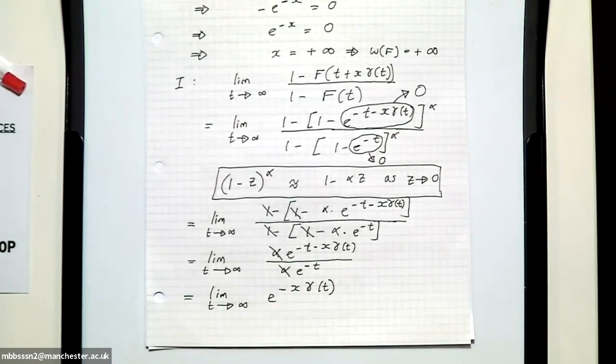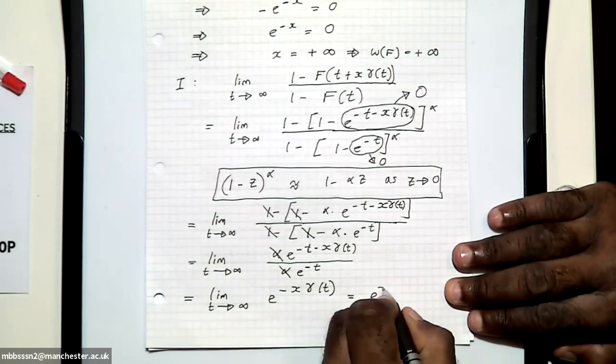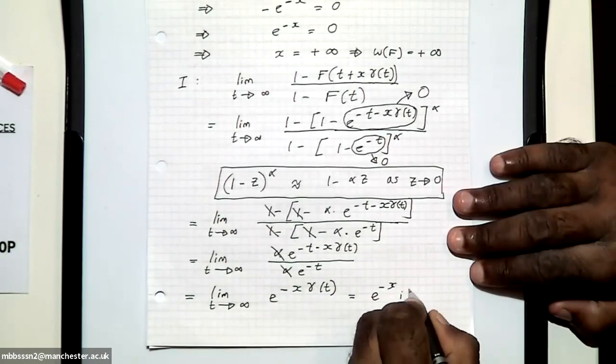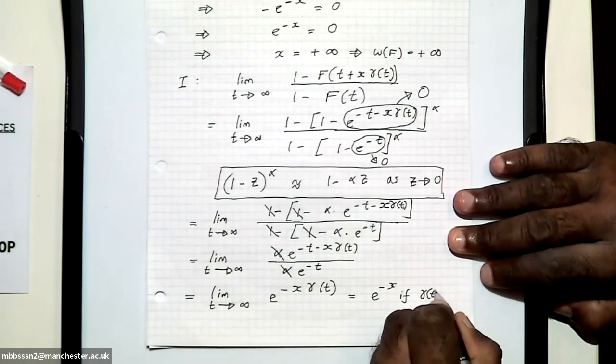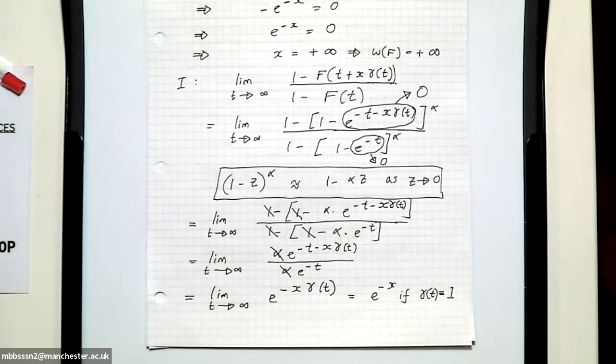And this is equal to e to the minus x if you choose gamma t to be identically equal to 1. Remember the type 1 condition says that the limit must be e to the minus x, and therefore the condition for type 1 holds.